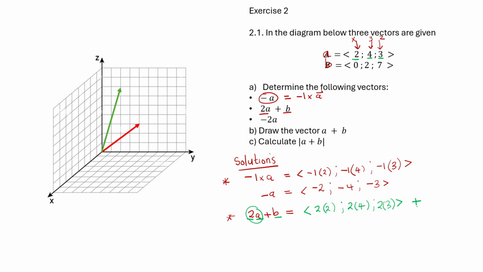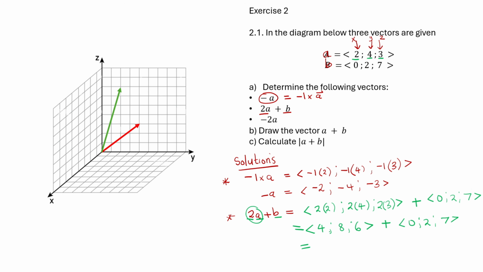Then you are adding this to B. In this case, B is given by 0, 2, 7. If you simplify this, 2 times 2 gives you 4, and then 2 times 4 gives you 8. 2 times 3 then gives you 6. Then plus B, which is 0, 2, 7.